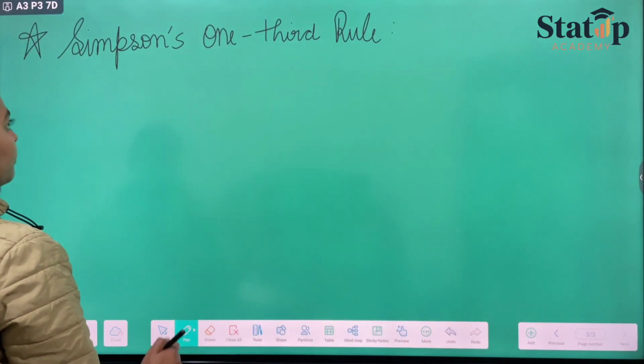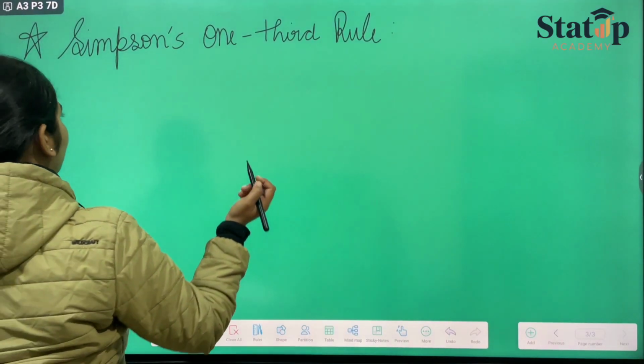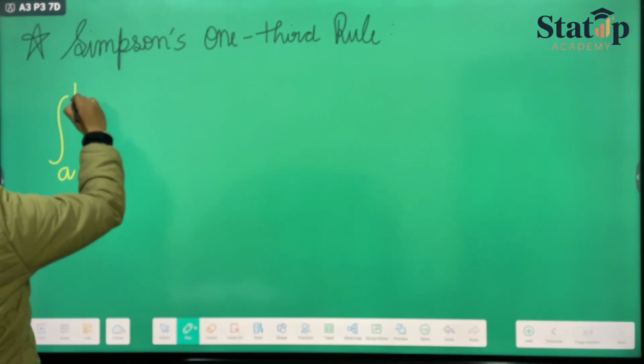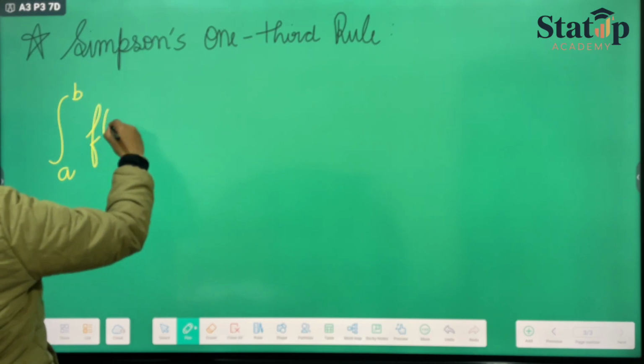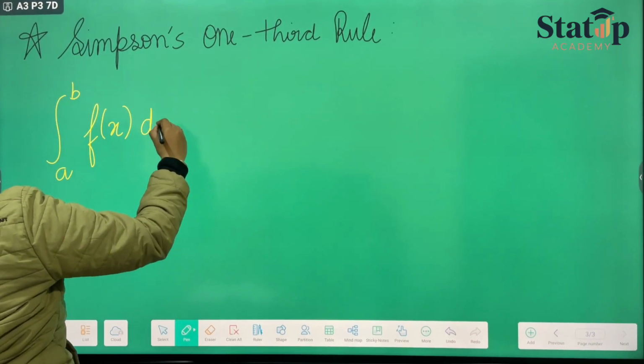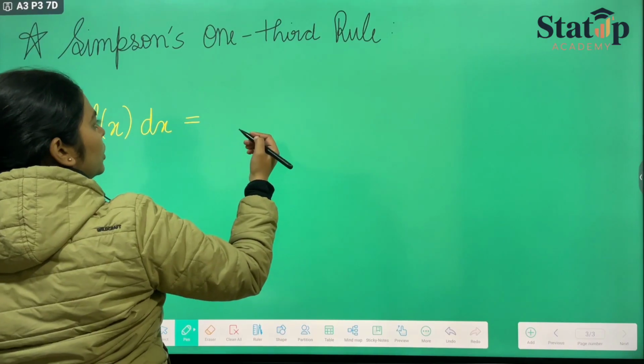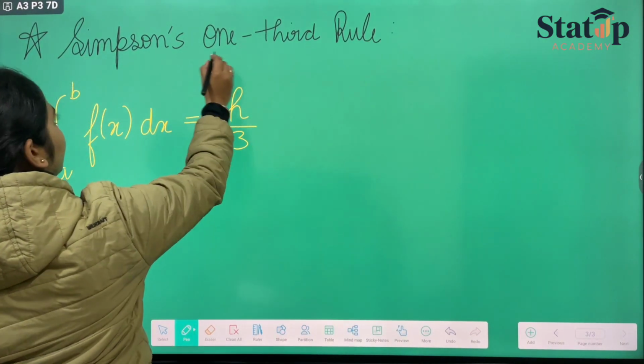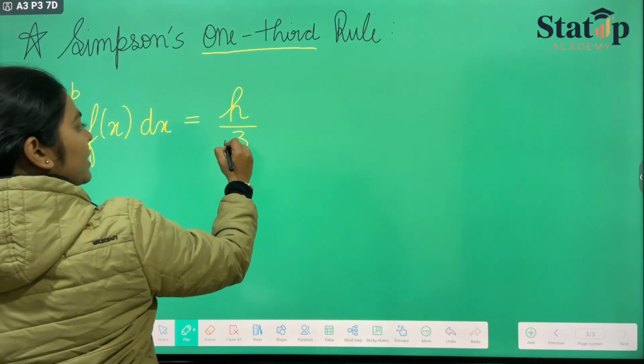Now, moving forward, what is Simpson's one-third rule? If I write it directly, then the integral from a to b of f(x) dx must be equal to h upon 3, that is, h times 1/3. You must realize that it should be multiplied by 1 by 3.